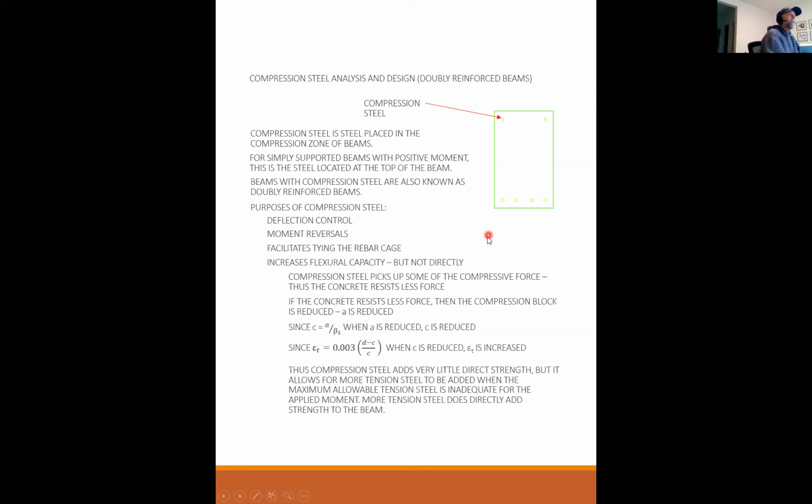And if you have a beam that's not really stressed to its maximum, then compression steel doesn't really help with strength at all. But if you have a beam where you put in all the steel you can put in there, epsilon sub t is 0.005 or less, and you still need more strength, then whatever steel you put up here, you can add that much more steel down here, and that is how you get more strength.